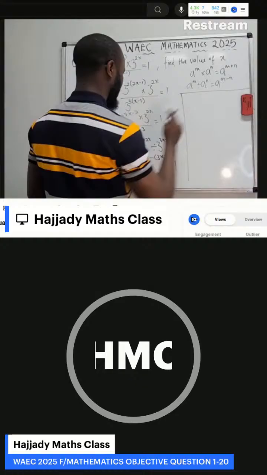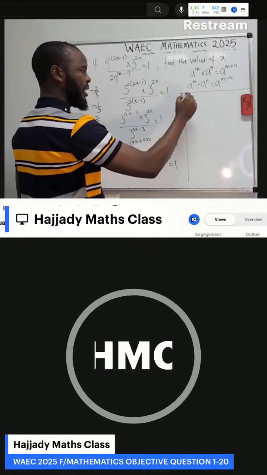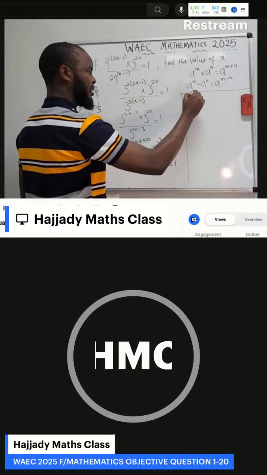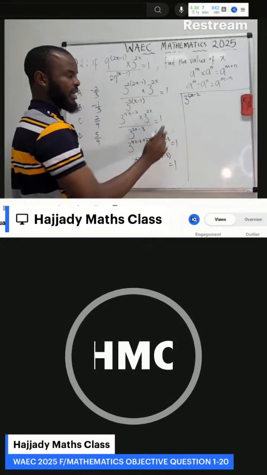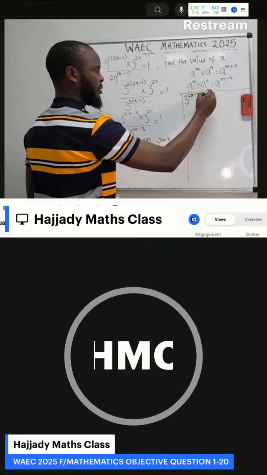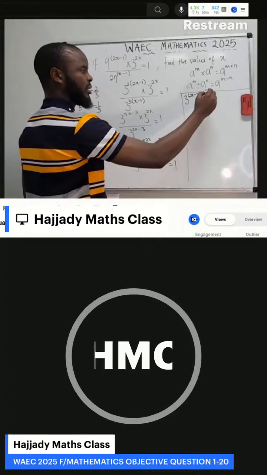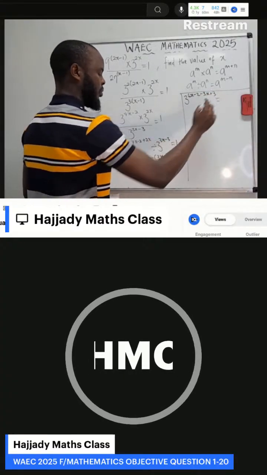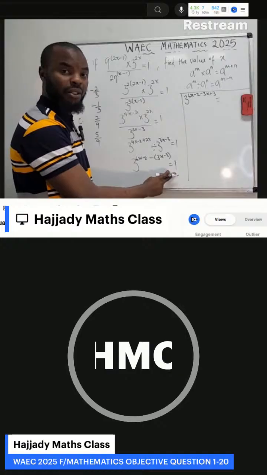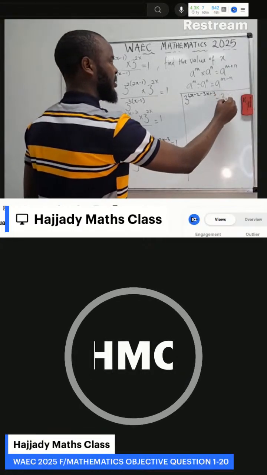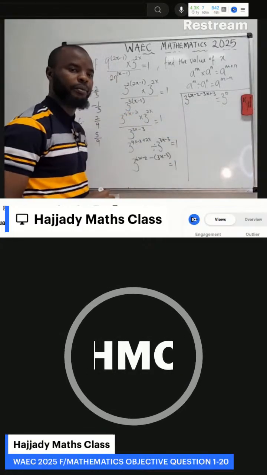Simplifying this, here we have 3 to the power of 6x minus 2 minus 3x, minus times minus is plus 3. 1 can be written as a base of 3, which is 3 to the power of 0.